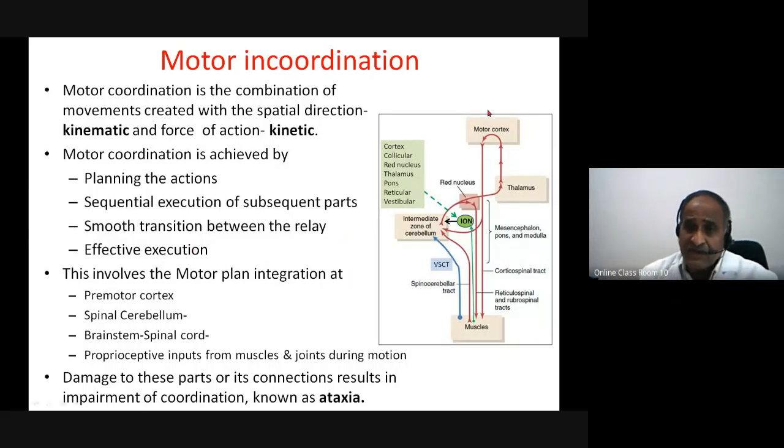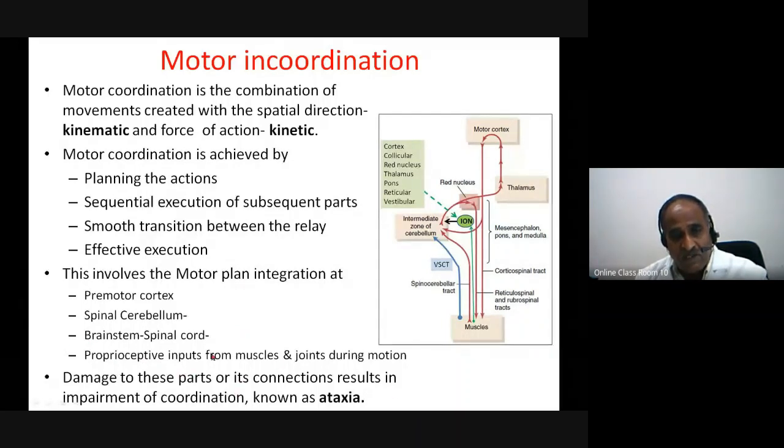Now, this involves, as I have suggested, the premotor cortex, the spinal part of the cerebellum, the brainstem, the red nucleus, the inferior olivary nucleus, the pontine reticular system, and then the spinal cord.